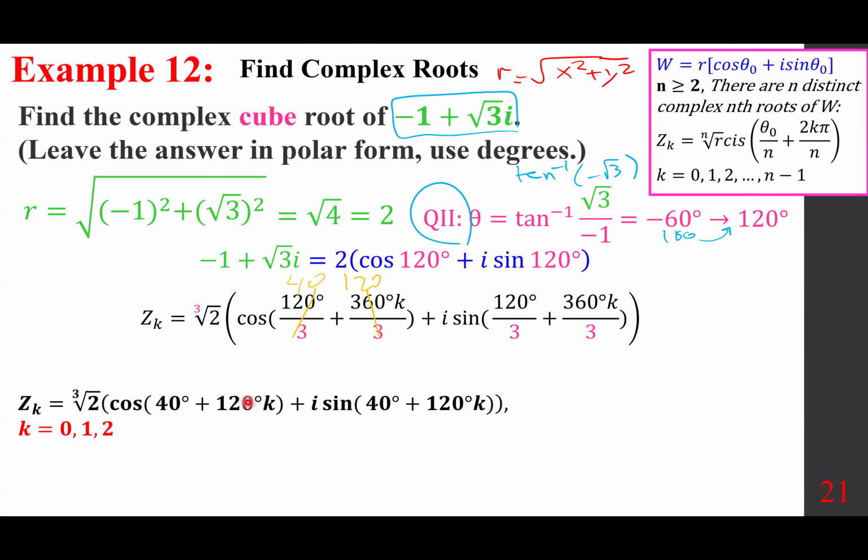If I use 0, basically the 120k goes away. If I replace it with 1, I get 120, with 40, they add up to 160.